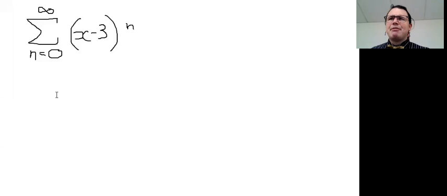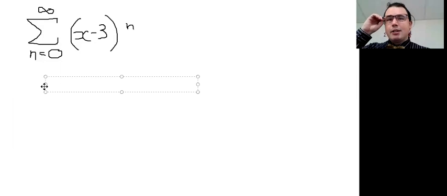Well, even though the stuff inside the parentheses is more complicated now, this is still a geometric series, and I'm still going to use the geometric series test to determine what the domain of this function is. What values of x make the series converge?